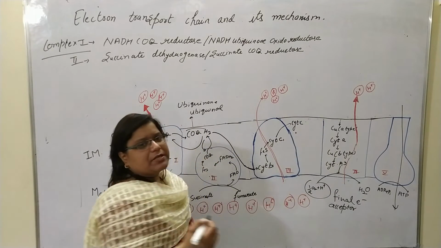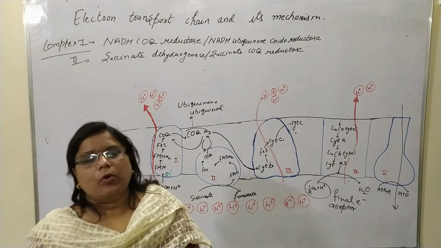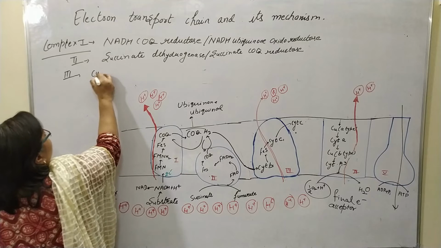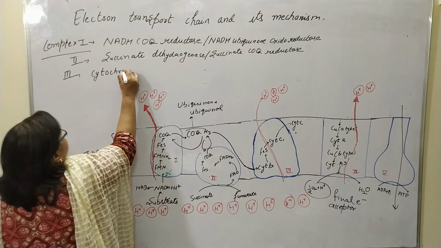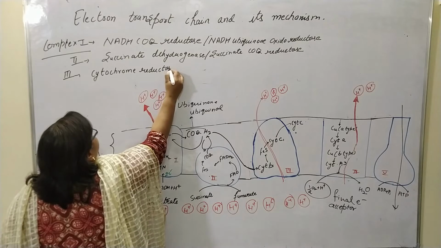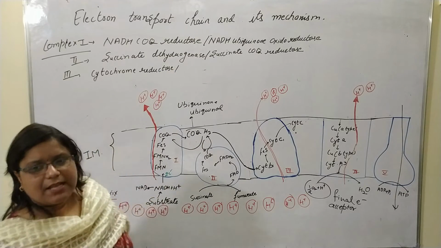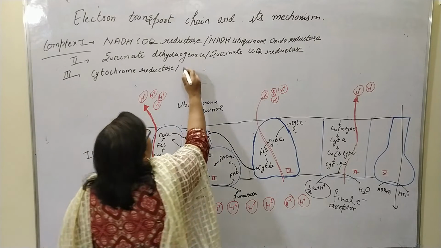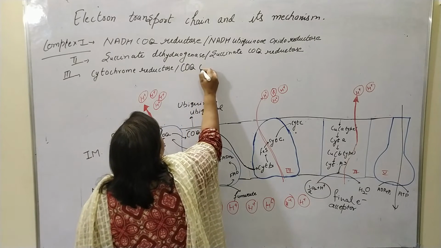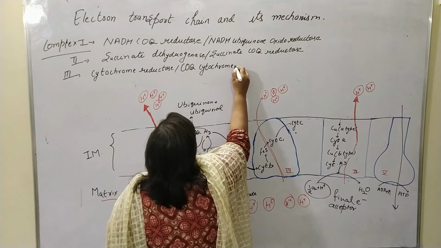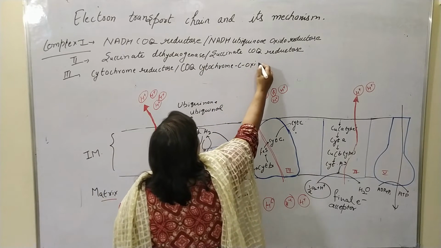Okay. Now complex 3 is the cytochrome reductase. And the second name is coenzyme Q cytochrome C oxidoreductase.